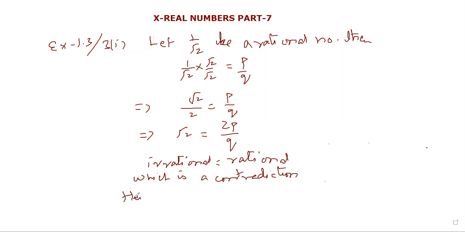Hence, 1 by root 2 is irrational. So this is all about this exercise 1.3.